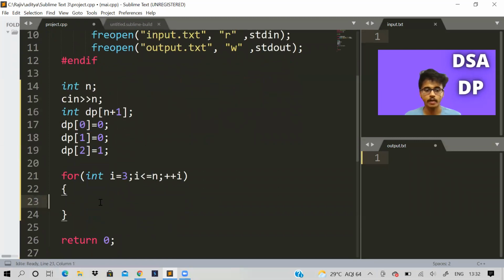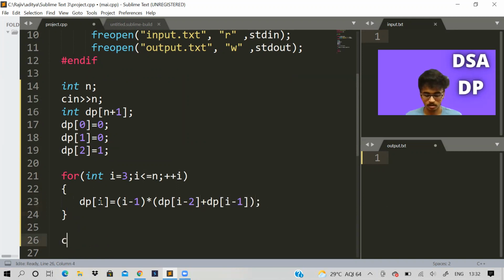Now what is dp of i going to be? dp of i is going to be, from the recursive relation, i minus 1 into dp of i minus 2 plus dp of i minus 1. Let us print dp of n.